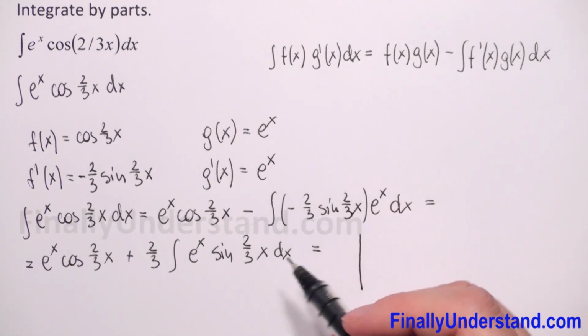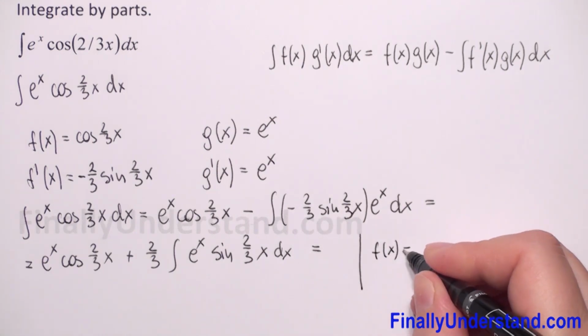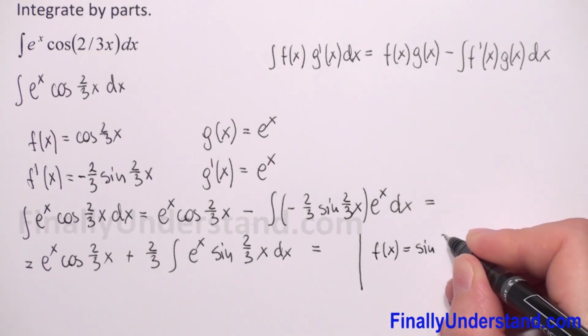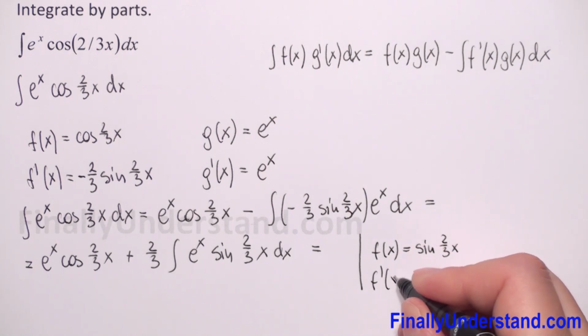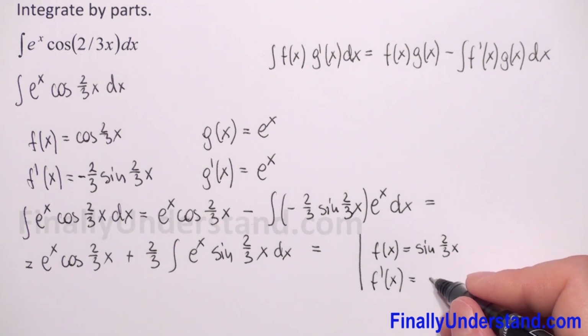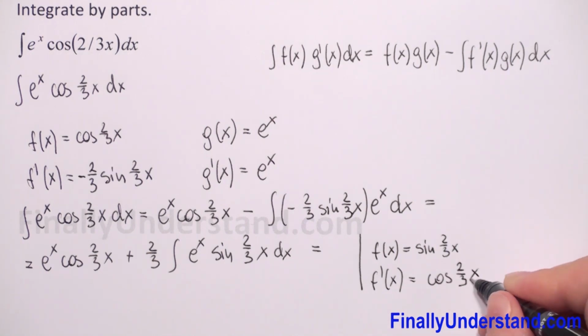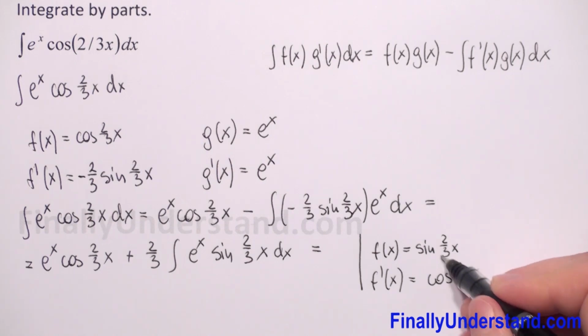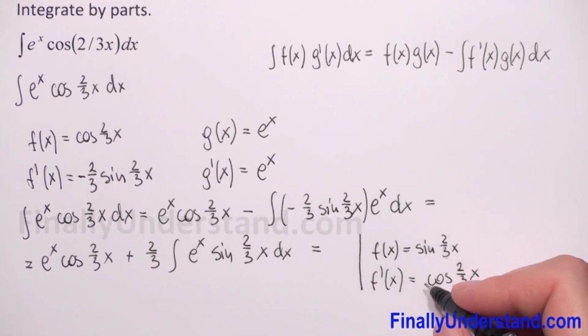Now I will put for f of x sine of 2/3x. So f prime of x is equal, derivative of sine is cosine of 2/3x, and derivative of function which is inside, derivative of 2/3 times x is 2/3.